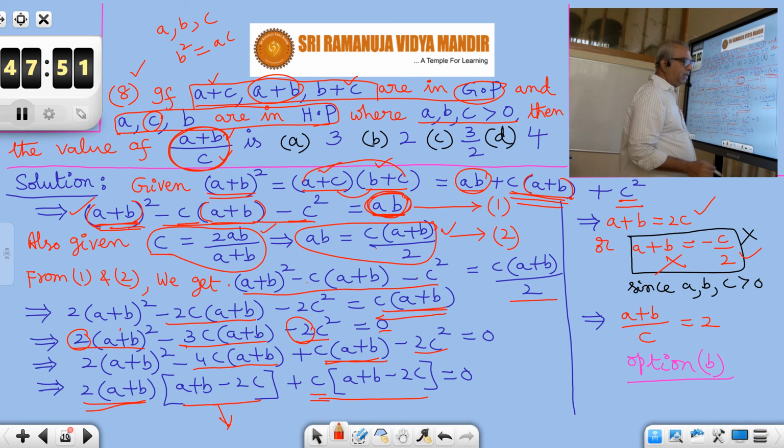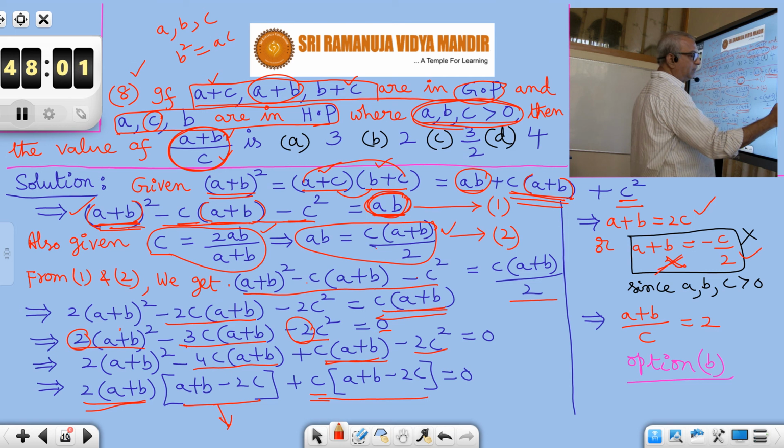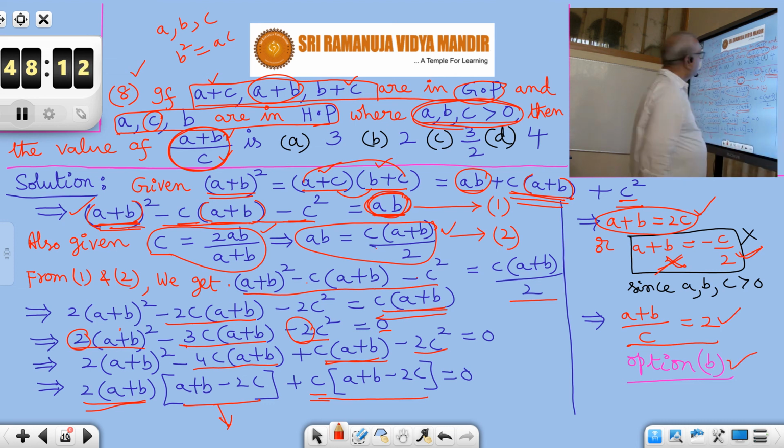A plus B cannot be equal to minus C by 2 because of the condition given in the problem: all A, B, C are positive. If all A, B, C are positive, A plus B cannot be equal to minus C by 2. Therefore, the only possibility is A plus B is equal to 2C. Dividing by C, you get (A plus B) by C is equal to 2. Therefore, option B is correct.